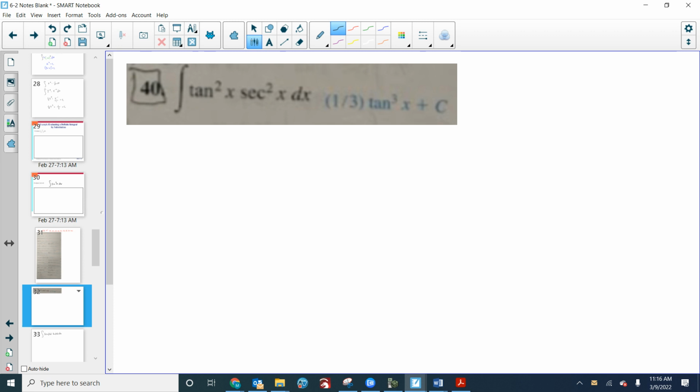I'm sorry, that's not an option. This is another way to rewrite the integrand, and we don't have an x squared anywhere. Does that make sense? So let's help out. What are our options? Let u equal tangent x or let u equal secant x. Those are your options. Who are my tangent x people? Who are my secant x people? That might be a little messy if you tried secant x.